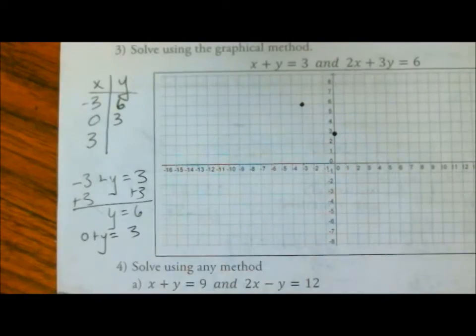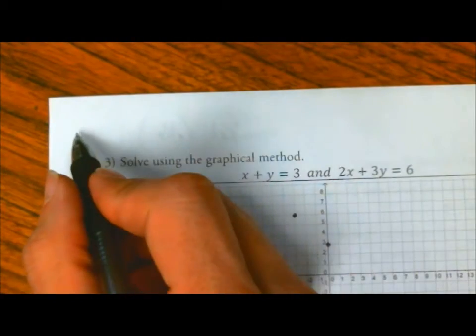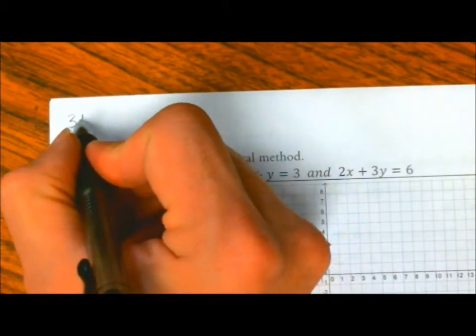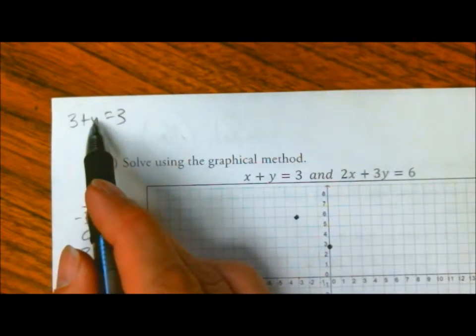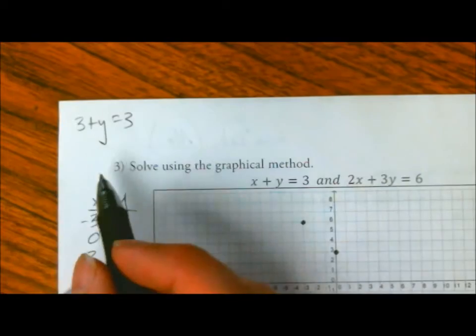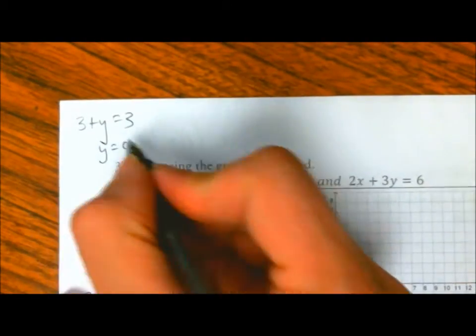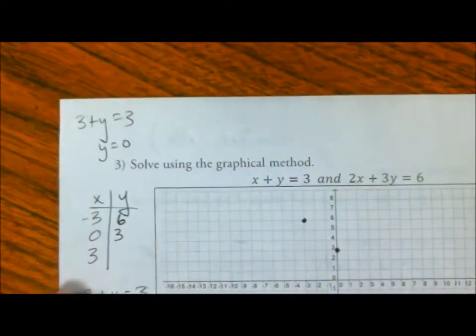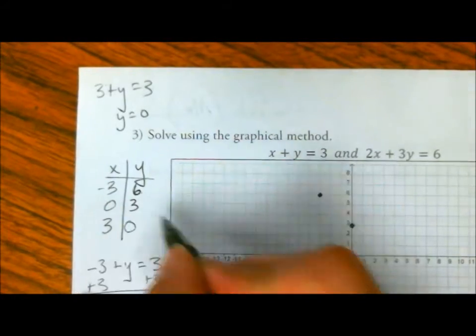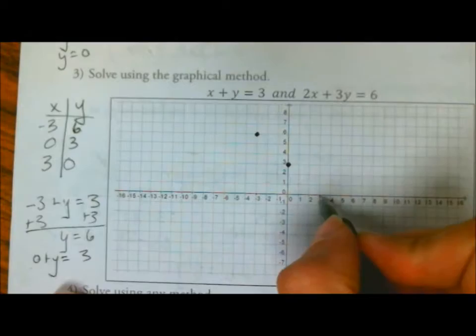I've run out of room right here, so I'm just going to do it right up here. 3 plus y equals 3. Well, what do I need to add to 3 to get 3? 0. Y has to equal 0 because 3 plus 0 is 3. So when x is 3, y is 0.